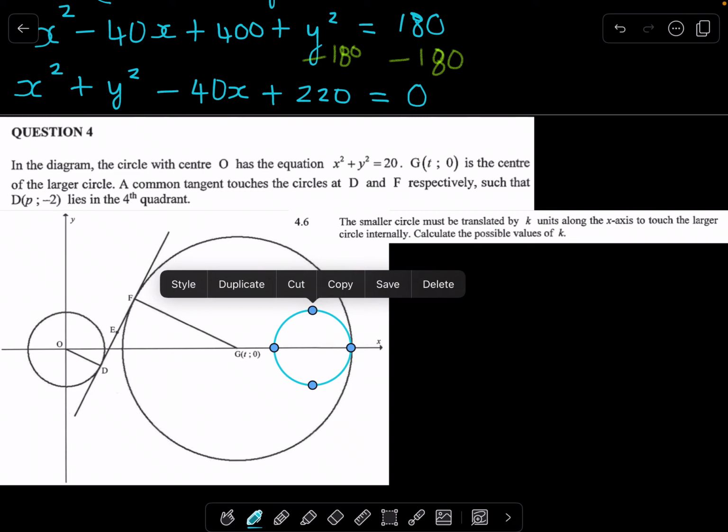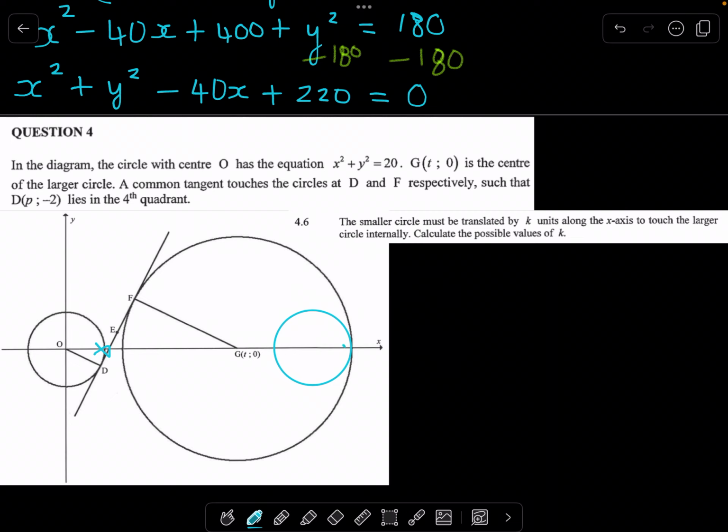We're interested in how far the circle moved to go from here to here. Well, what makes more sense? For it to go from here to here, right? So that would be the one k value that we're interested in. And then now I can't move my circle anymore. Oh no. And then the other k value that we are interested in.